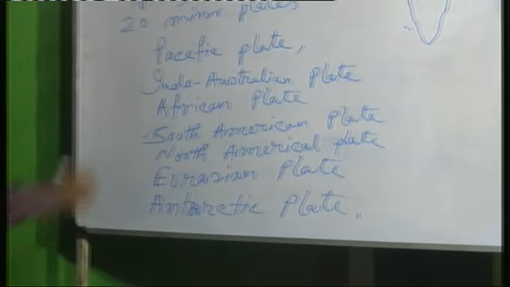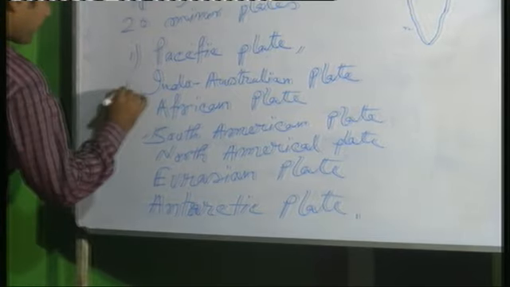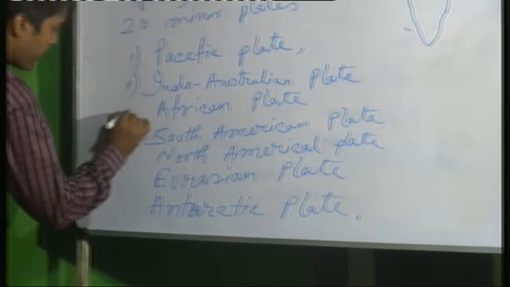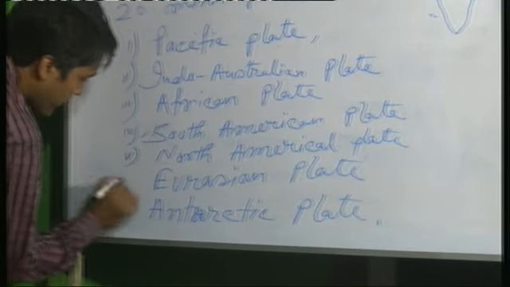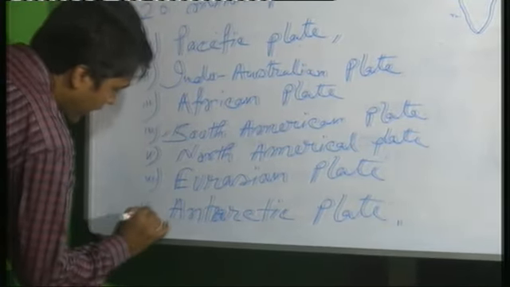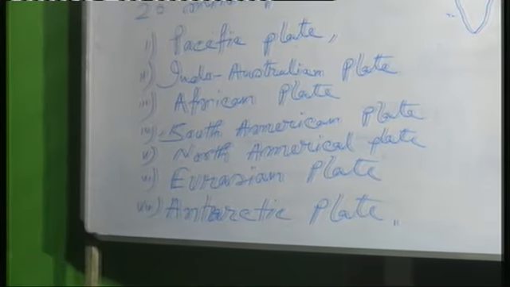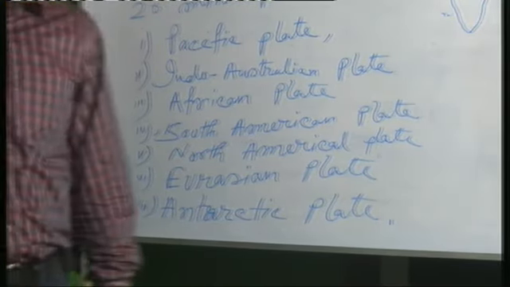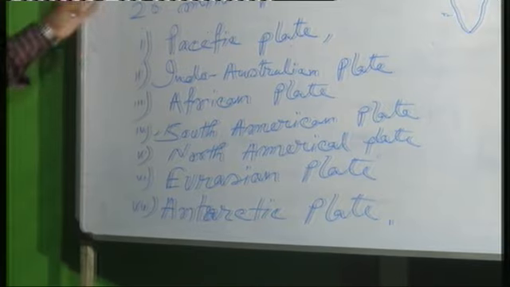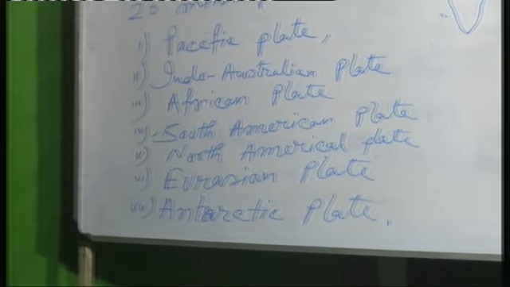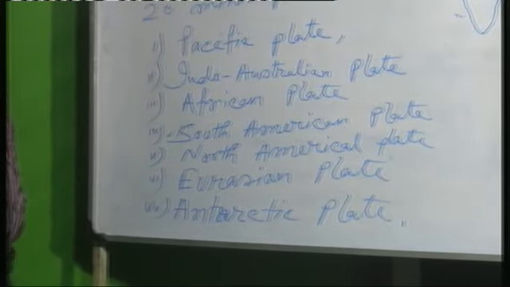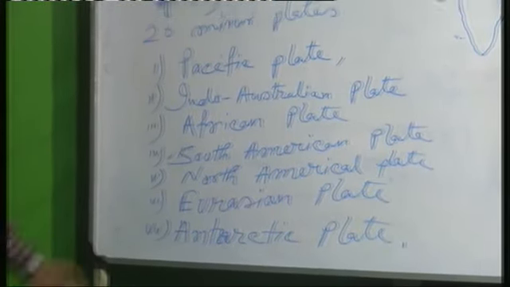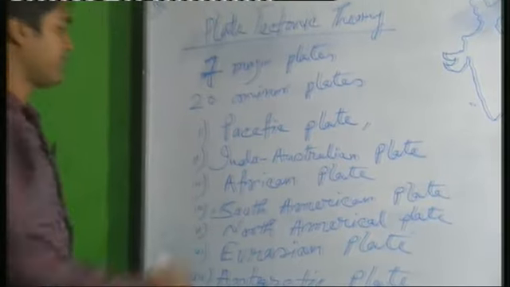There are 7 major plates. First one is the Pacific plate, Indo-Australian plate, African plate, South American plate, North American plate, Eurasian plate and Antarctic plate. It is very important. There are 7 major plates all over the world. Among them, the Indo-Australian plate.